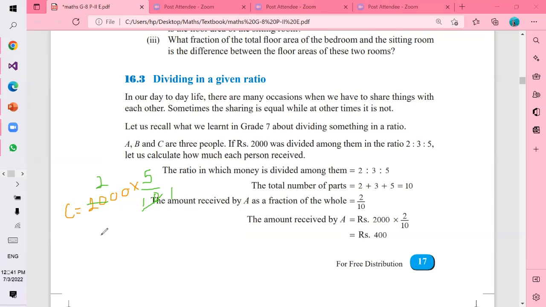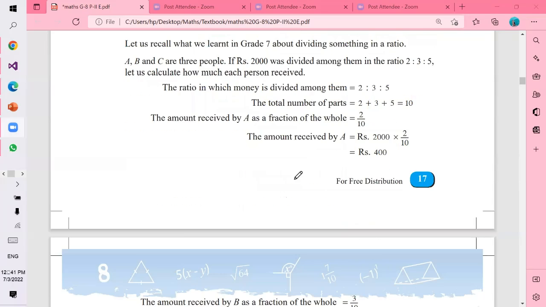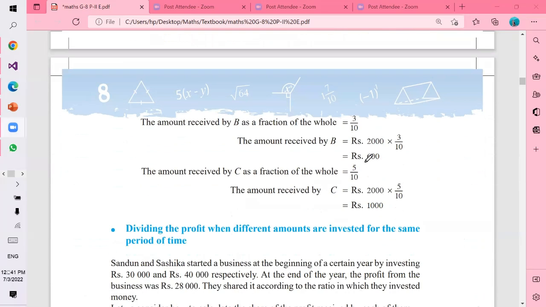It's 1,000. So that is how we divide a given ratio. Did you understand that, Viara? Yeah. Okay. See, our answers are correct.